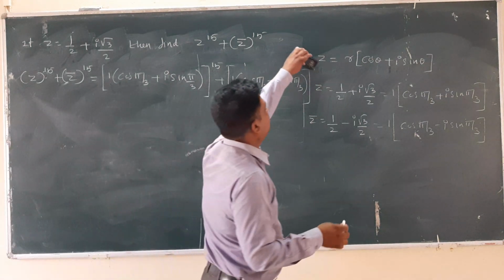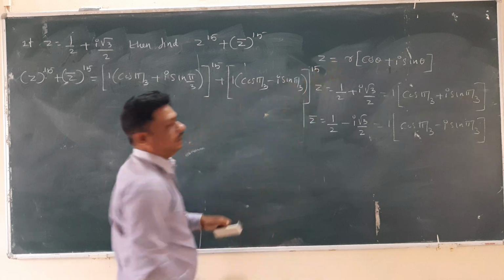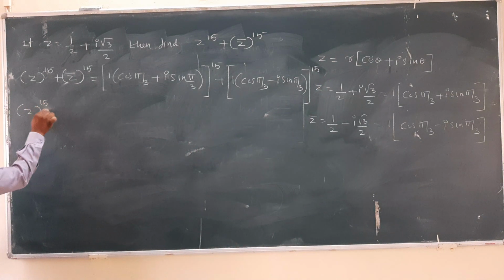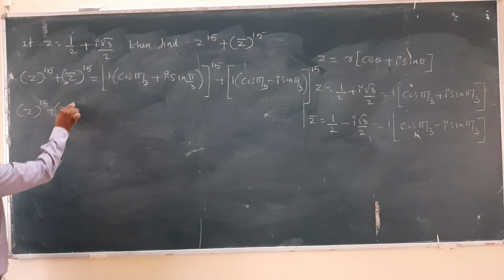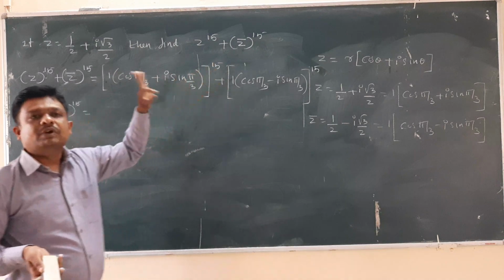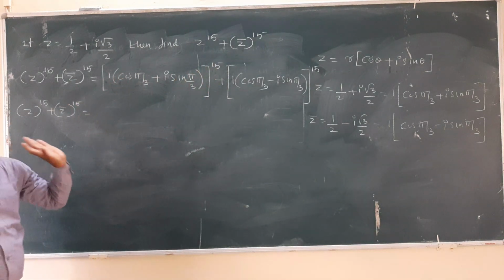So z raised to 15 plus z bar raised to 15: 1 to the power 15 is 1. 1 to any finite power is equal to 1.